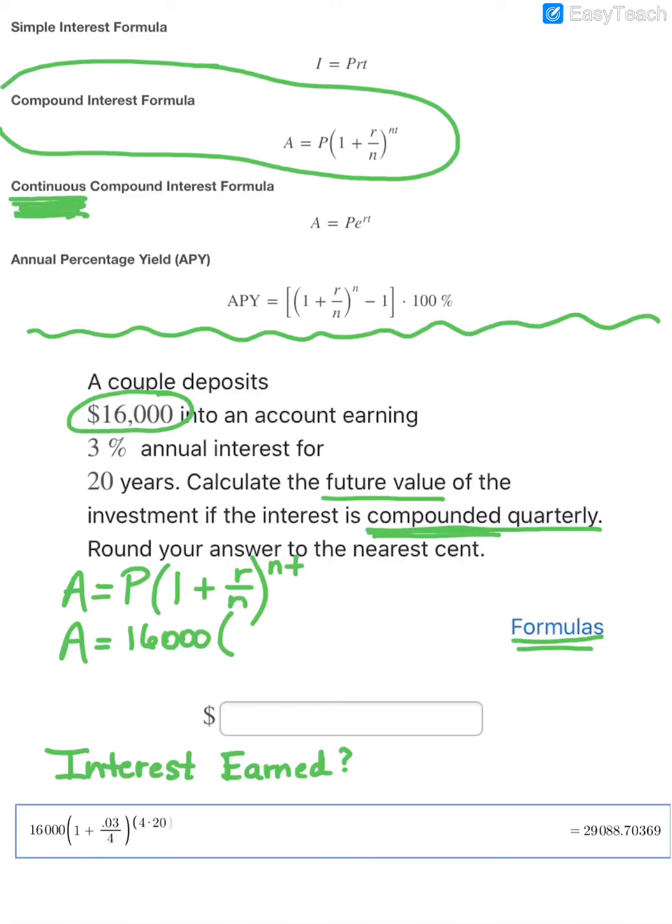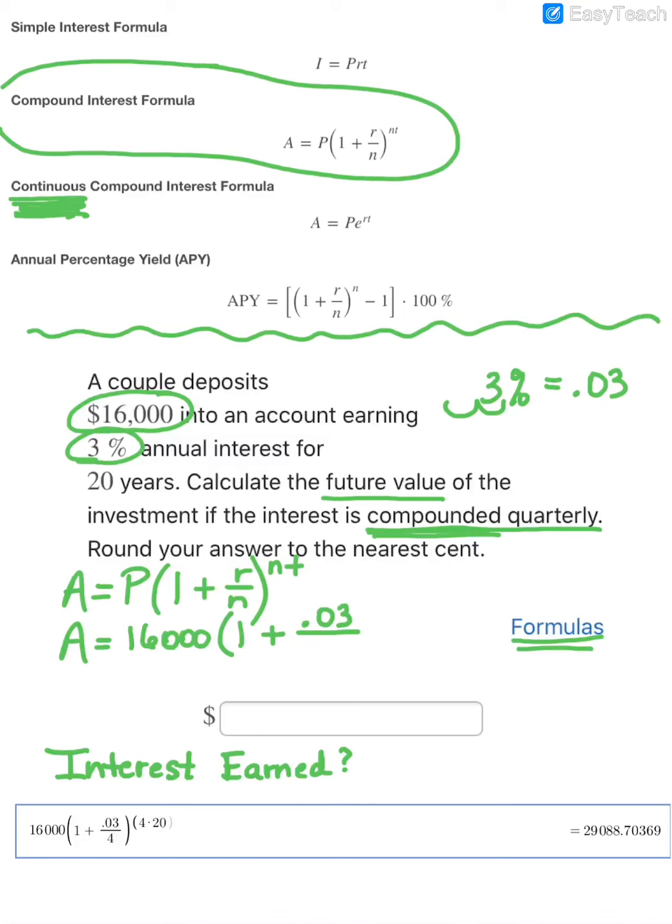Then we have parentheses, 1 plus R, which is your rate. Make sure you convert your rate into decimal form. So when I have 3%, you drop the percent sign, and the decimal is understood to be right here. You move it 2 places to the left. So 3% becomes 0.03 as a decimal.